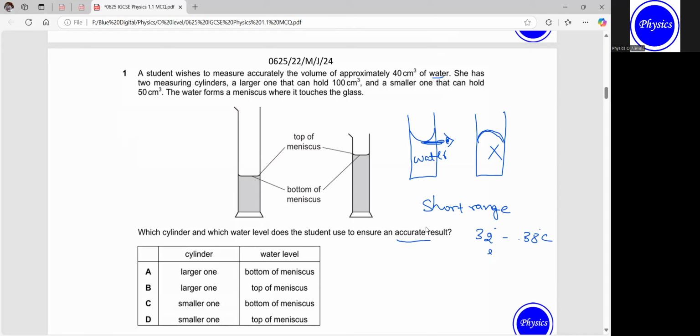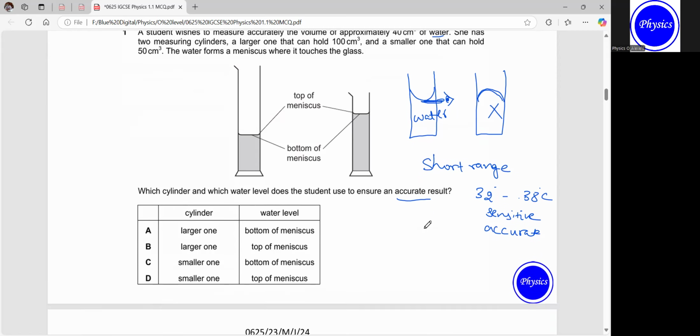Why? Because it is more sensitive, and it gives you an accurate value. Anything which is sensitive gives you an accurate reading. So anything with a short range will always be more accurate. So always go for the short one. So we go for the smaller one and the bottom of the meniscus.